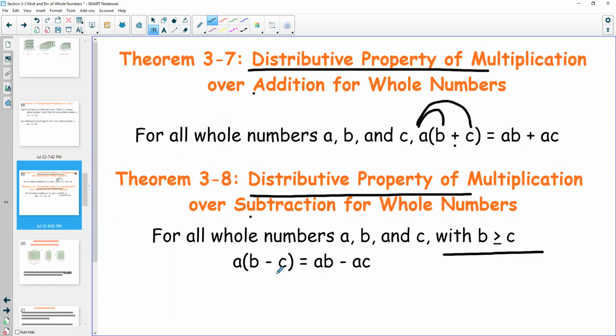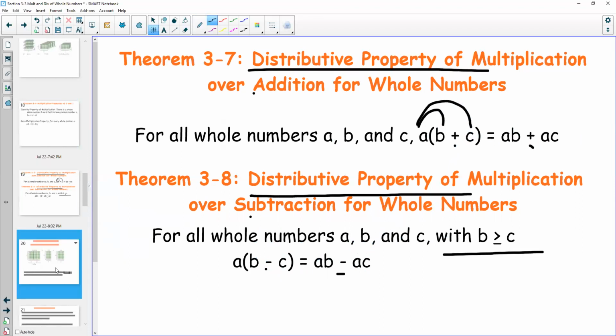Whether there's an addition sign in there or, like there is down here on the bottom, a subtraction sign, it doesn't matter. It carries with. And you guys have done enough algebra in your lives at this point to know that's the case. You just take the sign that's there. So A times B plus A times C. A times B minus A times C. Sorry, too many words at once.